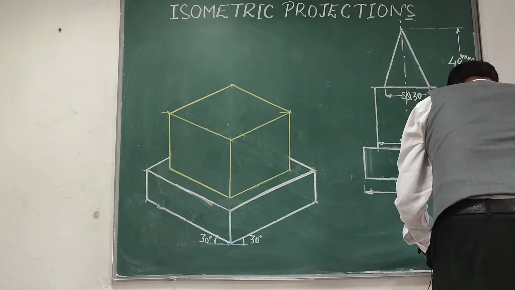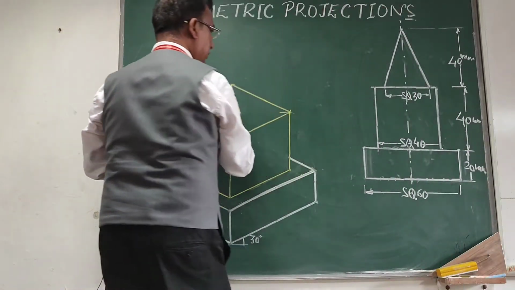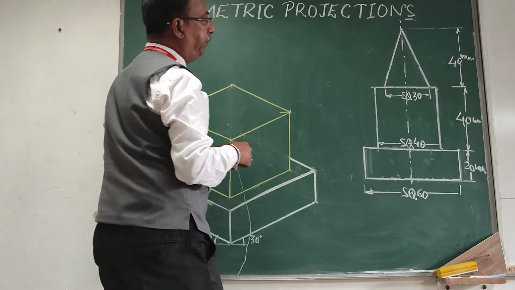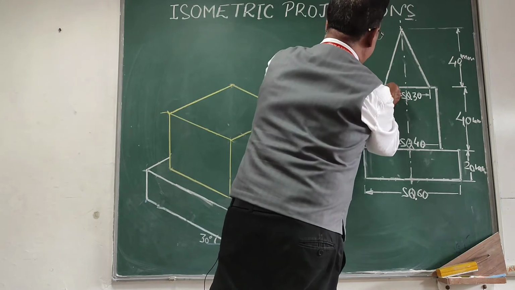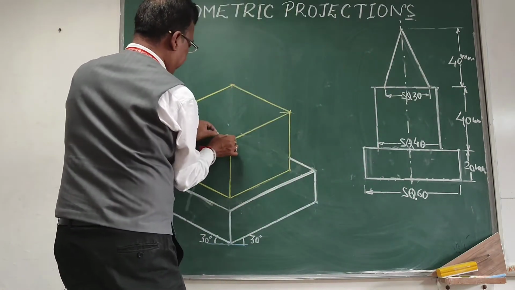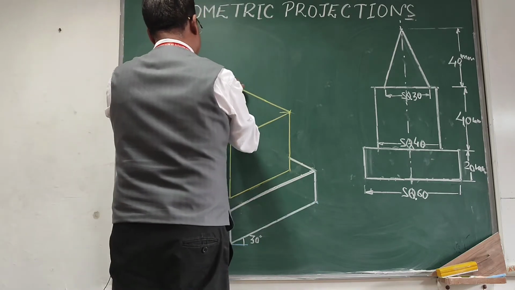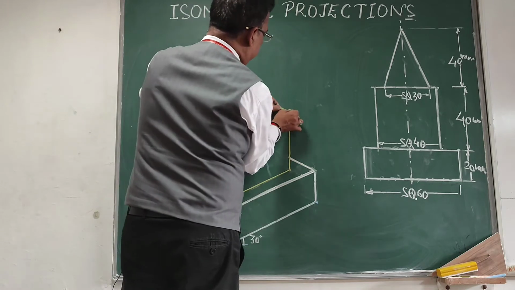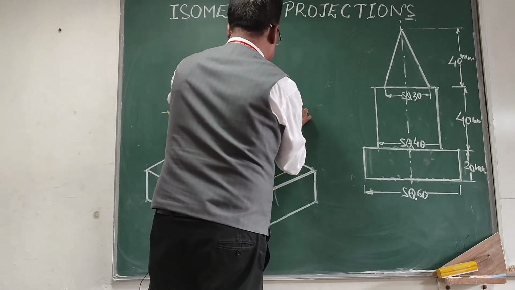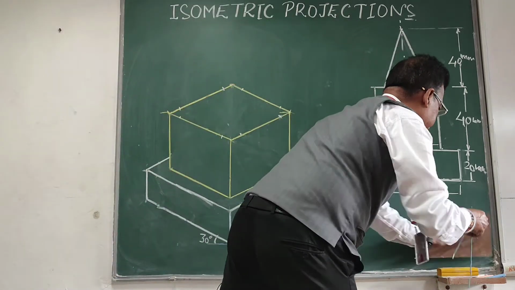So the 30 mm base I have to place inside this solid, and this is 40 mm. So 30 mm means if I shift 5 mm from all the sides, I can get the bottom of my square pyramid. So that is a rhombus of 30 mm side.